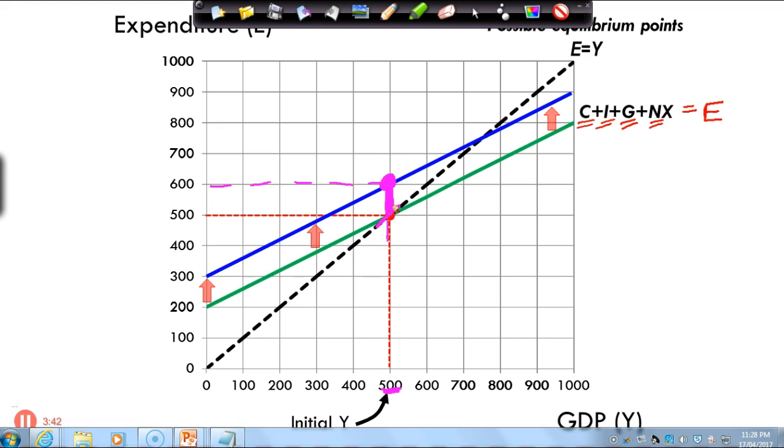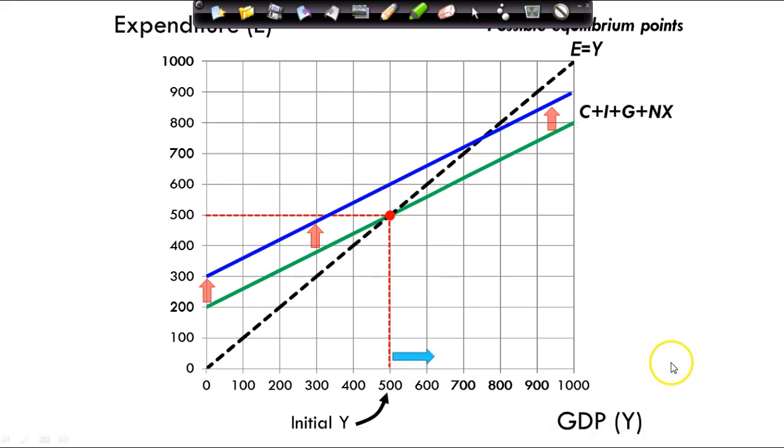And we know when that's the case, when expenditure of 600 is greater than income or the value of production, firms realize that they are now producing an insufficient quantity to satisfy demand, and they will expand production. So we'll get an increase in production, and therefore an increase in incomes, and therefore households will increase their expenditure. They will then move along their expenditure line until we get to a new equilibrium.